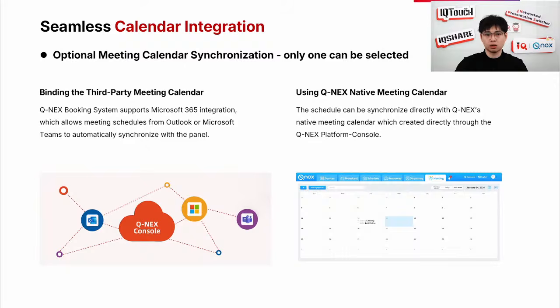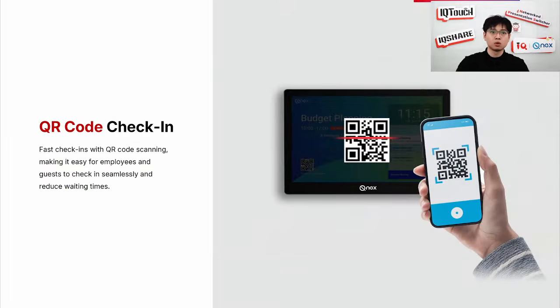Now that we are talking about scheduling and visibility, let's look at another important aspect of meeting management: attendance confirmation. We support check-in via scanning the QR code on the room scheduler panel. With QR code check-in, employees and visitors can quickly confirm their attendance simply.